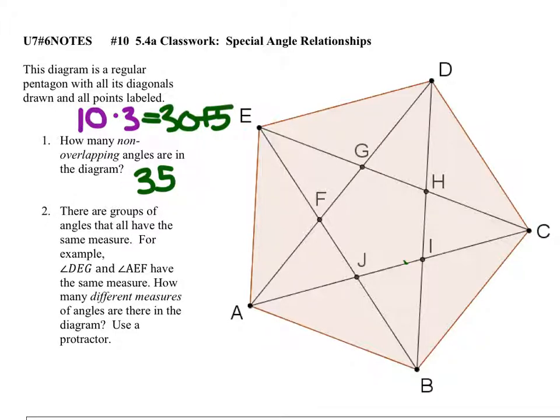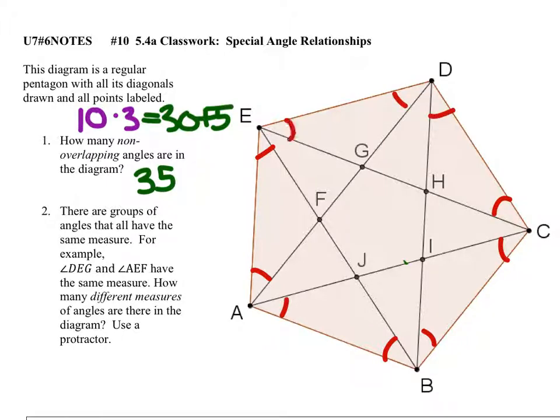There are groups of angles that all have the same measure. For example, angle DEG and angle AEF have the same measure. How many different measures of angles are there in the diagram? Use a protractor. I guess we could look at that. So here's the thing: since it's a regular pentagon, by the way, this is the only reason why we can do that, all of these angles marked in red would be congruent, or the same.